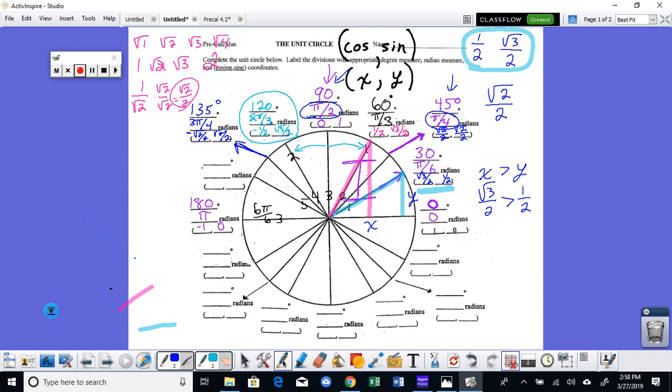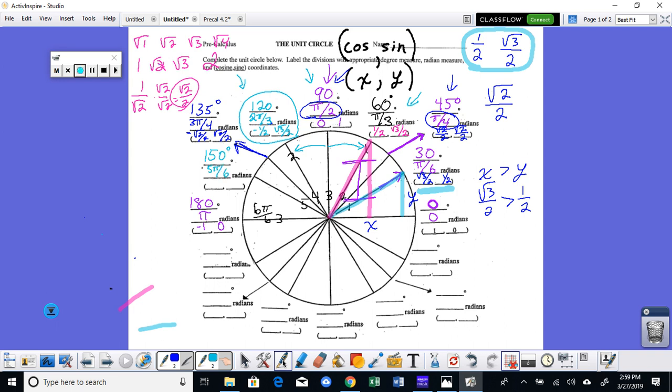Okay, so this last one, the one that's down closest to the x-axis, it's 30 degrees, then 60, then 90, then 120, then 150, plus another 30 is the 180. 1 pi over 6, 2 pi over 6, 3 pi over 6, 4 pi over 6, 5 pi over 6.